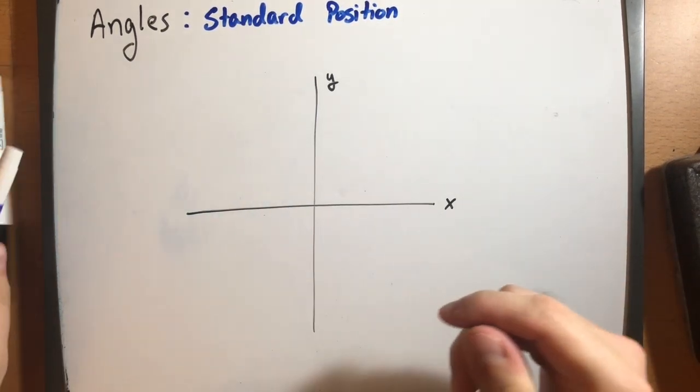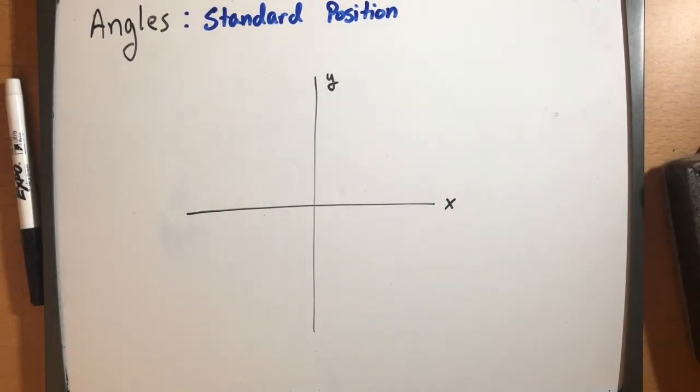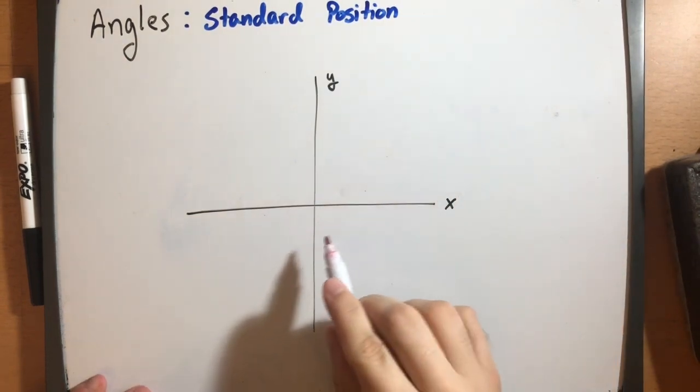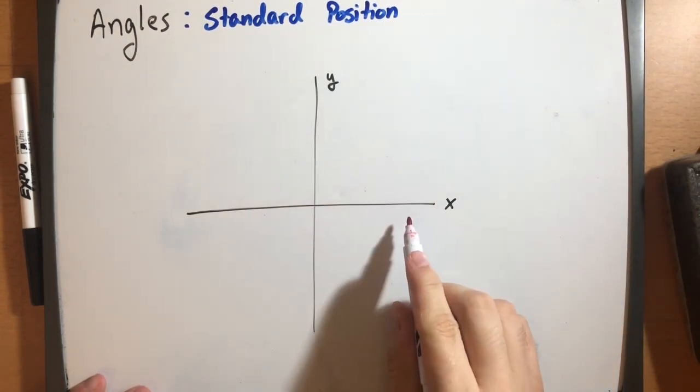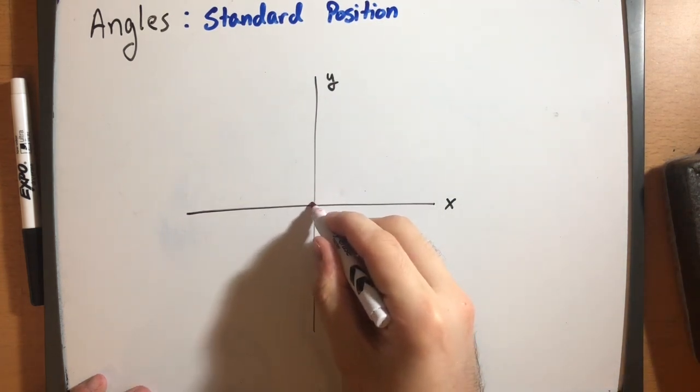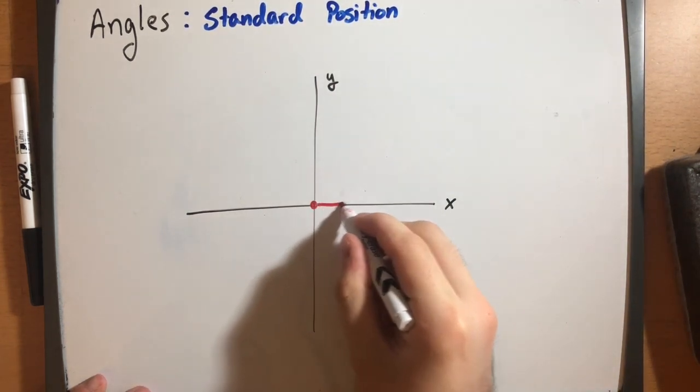So, in order for an angle to be in standard position, the initial side, the side that does not move, has to be on the positive x-axis, with its endpoint being on the origin, right here.